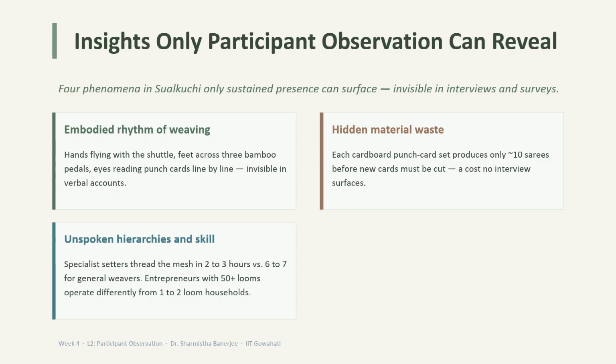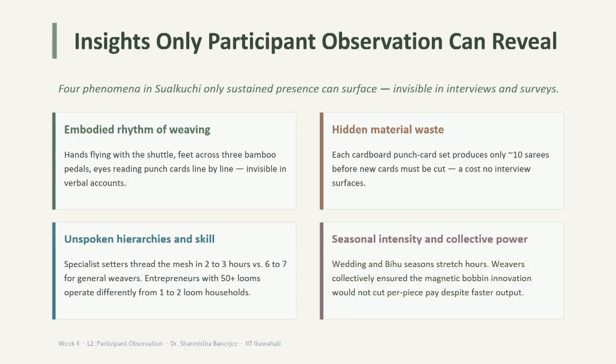Entrepreneurs with 50 plus looms operate differently from entrepreneurs who have 1 to 2 looms per household. All these differences, the unspoken hierarchies and skills, started emerging because of the participant observation.